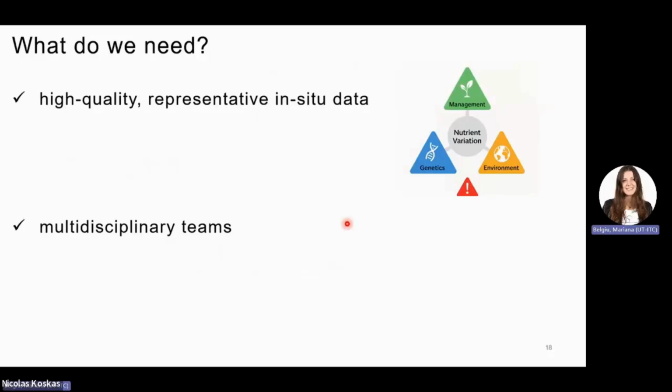Assessing the nutritional quality of crops is a very complex topic that requires teams with soil scientists, plant biologists, agronomists, with farmers, with different stakeholders who can work with us, with the remote sensing specialists to generate spatially explicit information of crop nutrients across different areas and across different temporal scales.